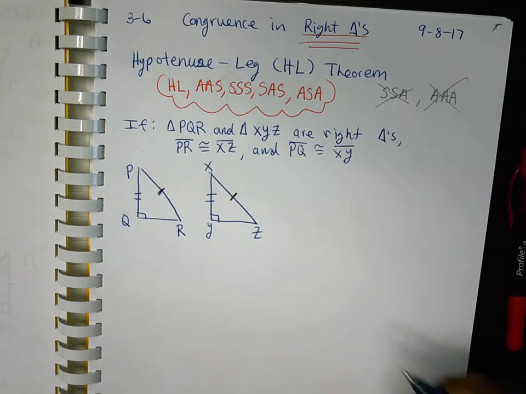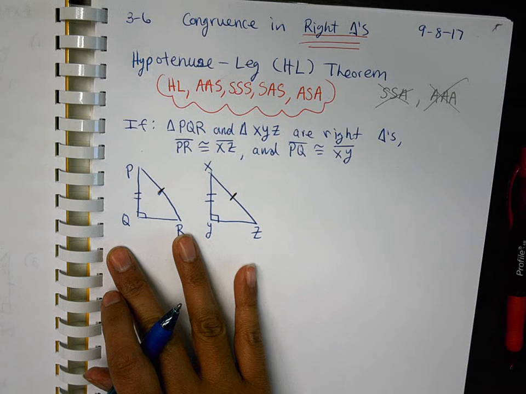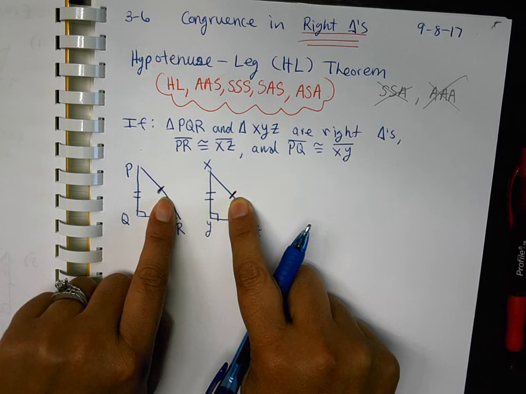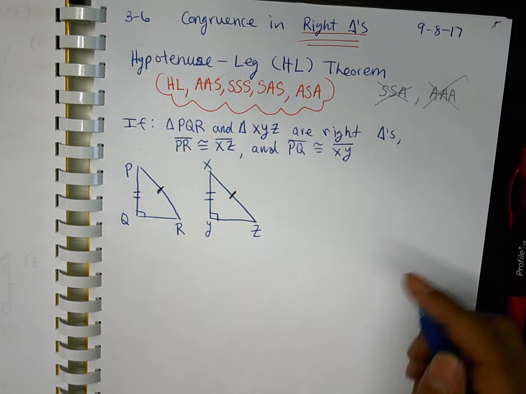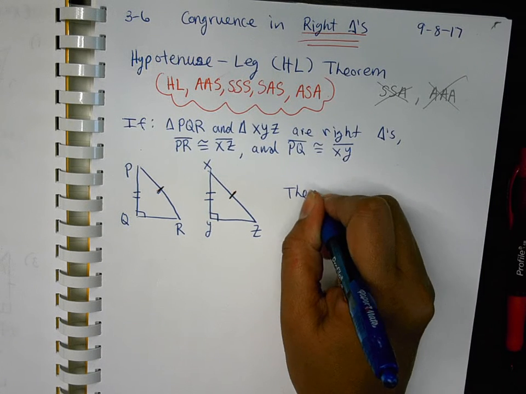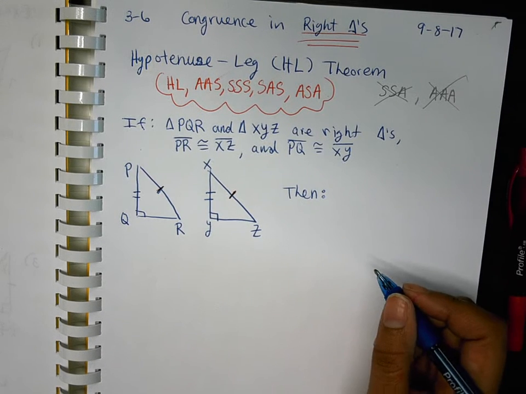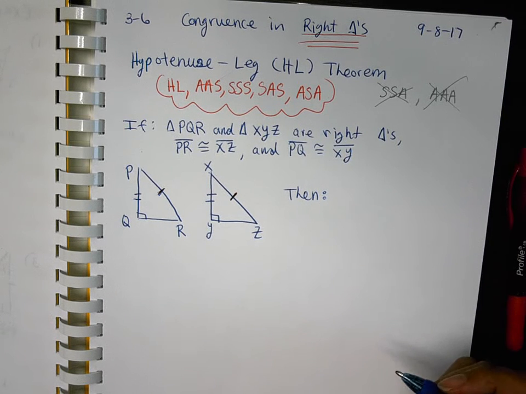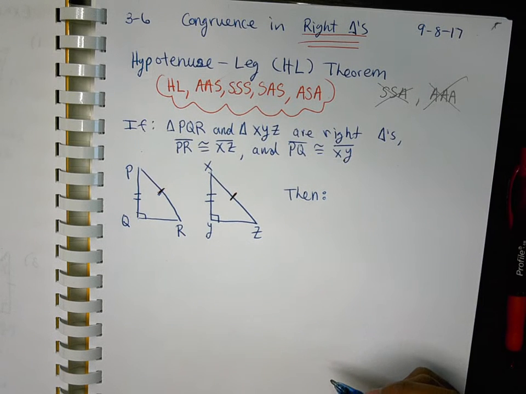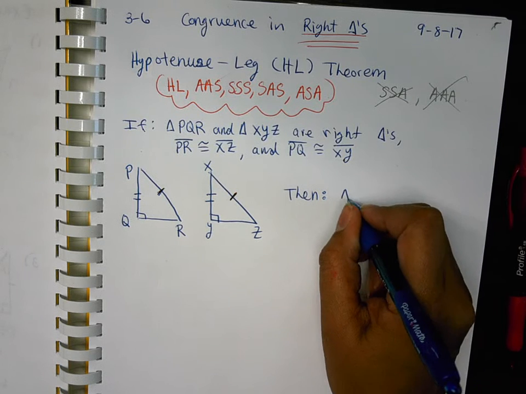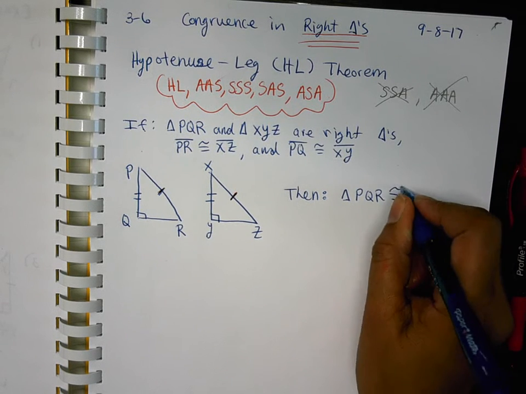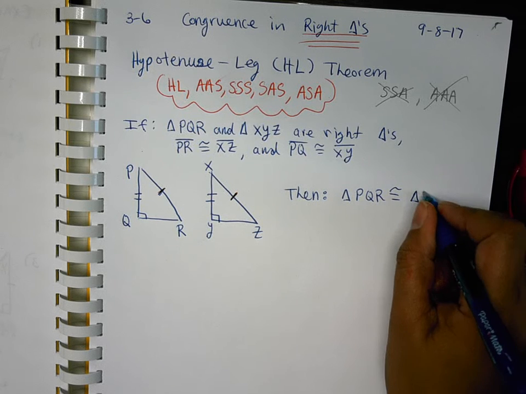If you have two triangles, they're both right triangles, and the hypotenuse is congruent and a leg is congruent, then what can be said about the two triangles? They are congruent. Triangle PQR is congruent to triangle XYZ.